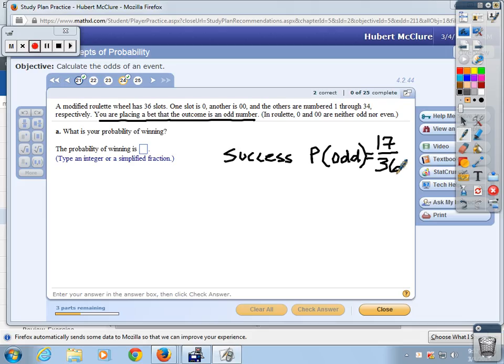The part that's not straightforward is the next part, because with success comes what? Failure. And the probability of not odd is equal to what makes up the complement of 36. And what will that be? 19 over 36.